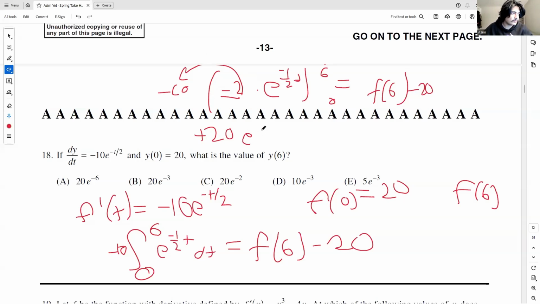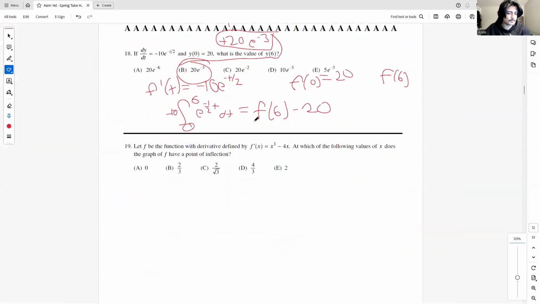And e to the power of negative 1/2 t, plug in 6 and 0 for t. When I plug in 6, I got e to the negative 3. And when I plug in 0, I just get 0, so I didn't even mind doing that. And since I'm looking for my y of 6, it should be answer choice B, since I got this already.